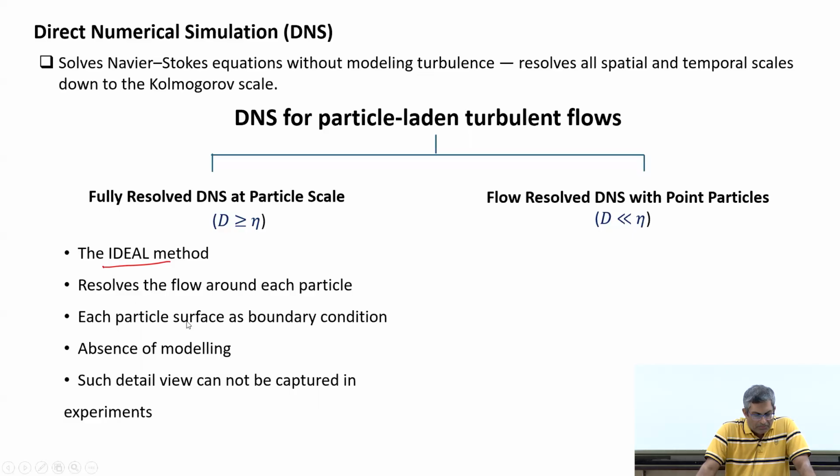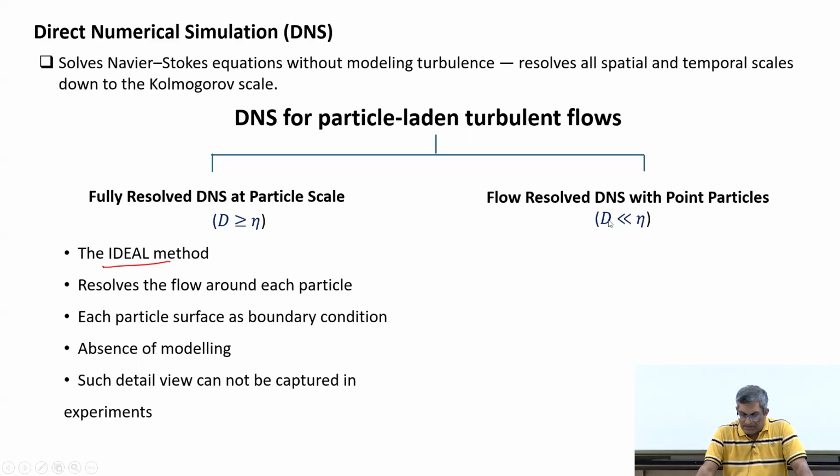Here we resolve the flow around each particle. How? Each particle surface is imposed as a boundary condition, and at every time step that boundary changes. This is the reason why this is computationally expensive. We can get details which are very difficult to capture even in experiments. Okay. So, this is the ideal case, and in a true sense fully resolved flow.